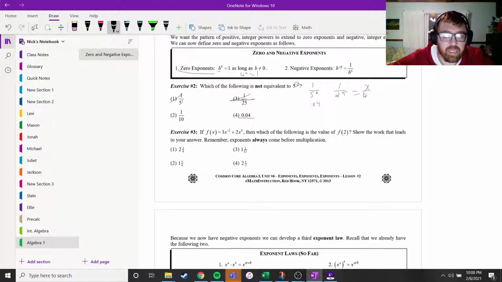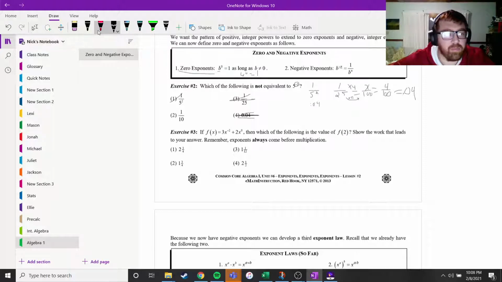So it's equal to x over 100. Here we're multiplying by 4, so we're going to multiply by 4 here, and that gives us 4 over 100, which is equal to 0.04.